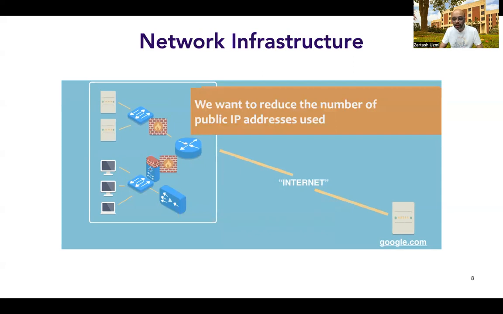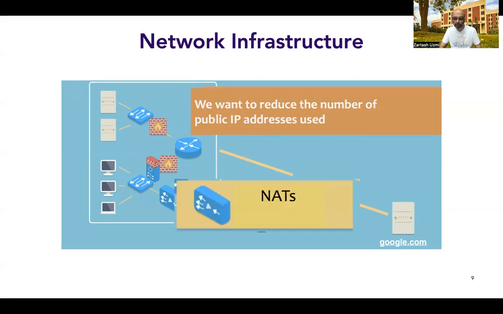Okay. Similarly, if we want to reduce the number of public IP addresses used, we have also used a device that we call a NAT, network address translation. We gave an example of a campus network where we have about 5,000, 6,000 different hosts, with 5,000, 6,000 different IP addresses. And these IP addresses are represented by one single IP address leaving the campus network. And that is a network address translation box.